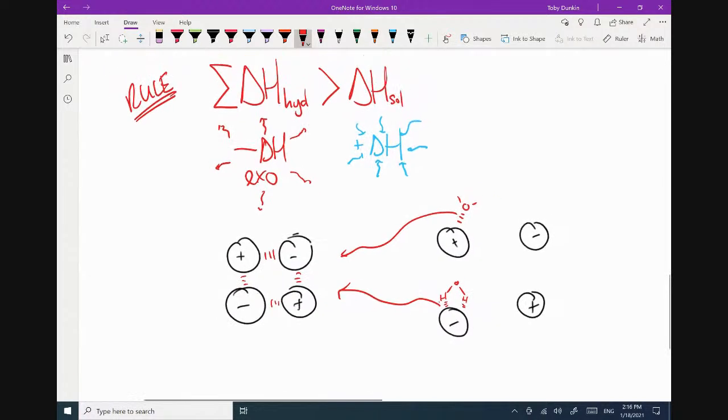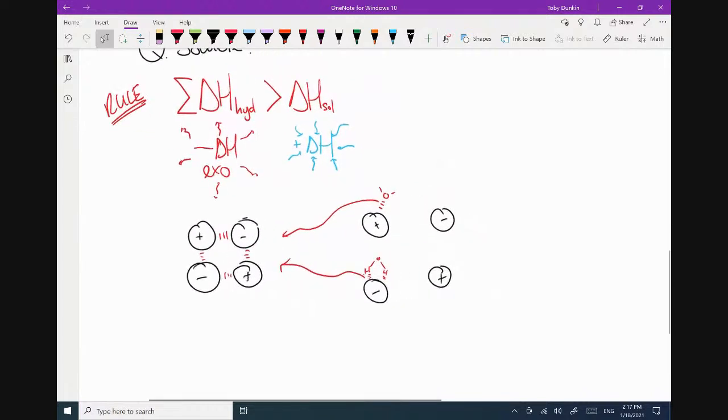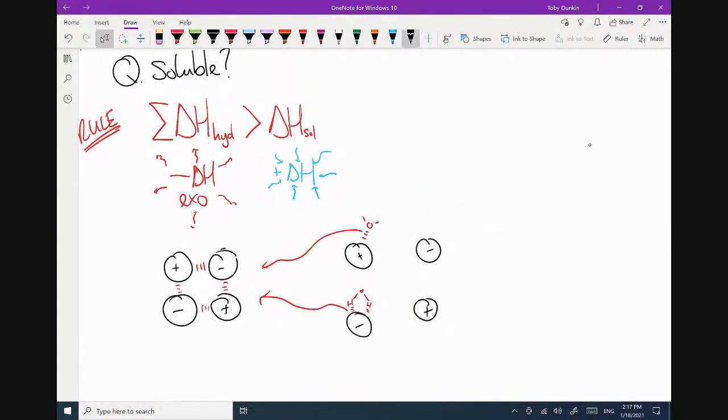So what that means is when anything dissolves in water, it should be exothermic. Should be. However, there are a few which aren't. But this rule is sound.